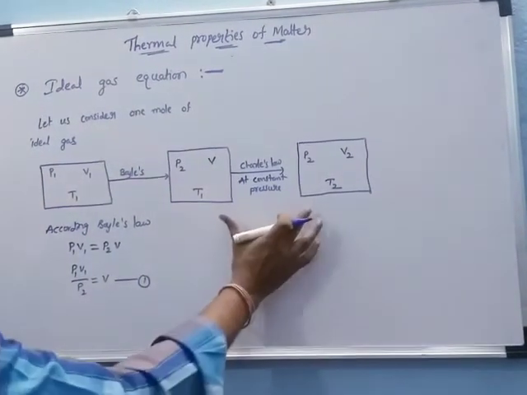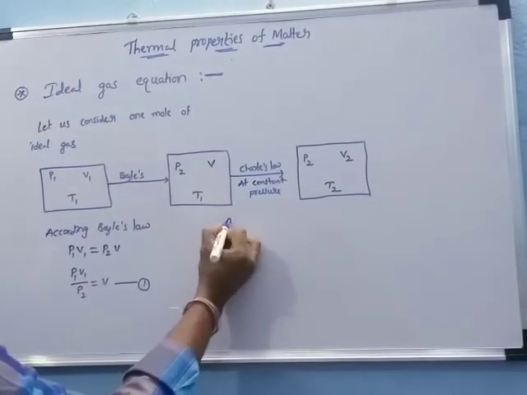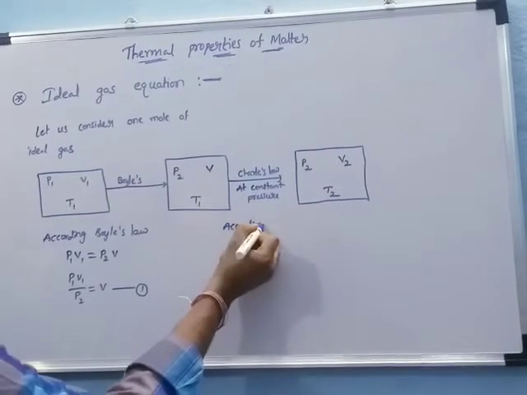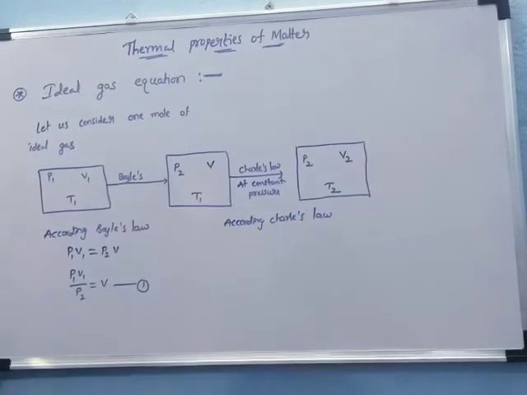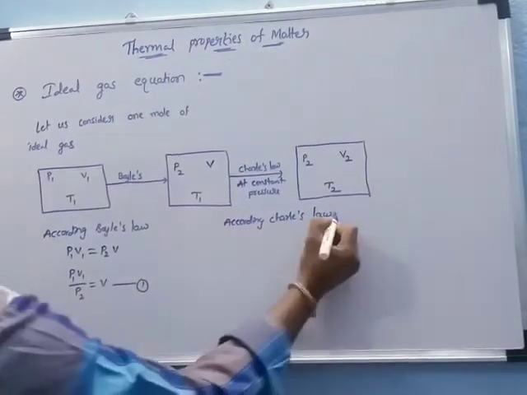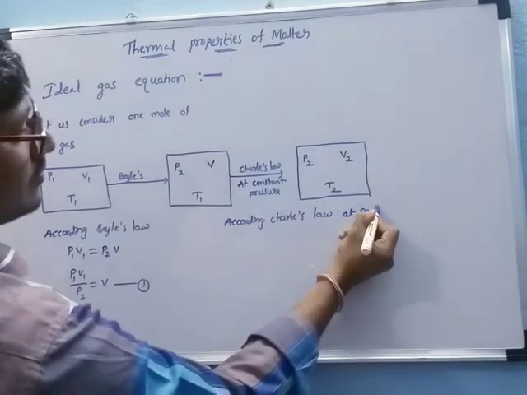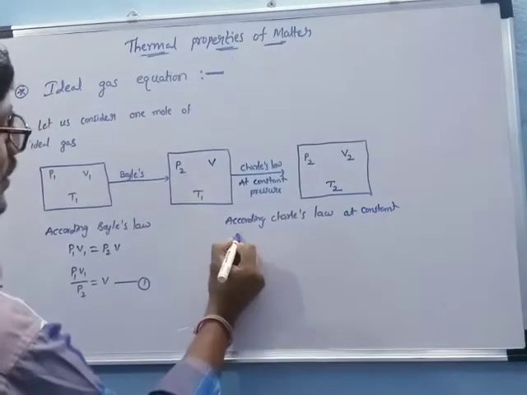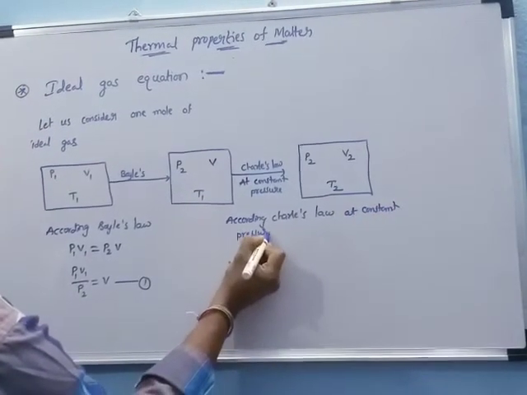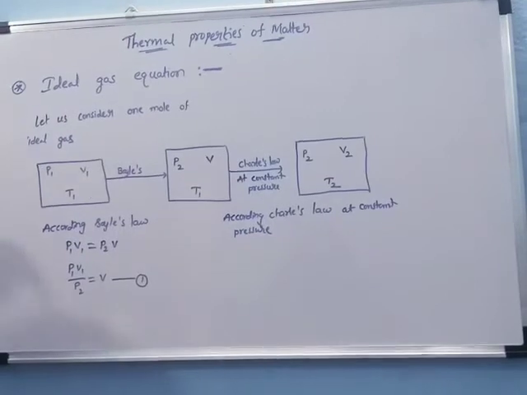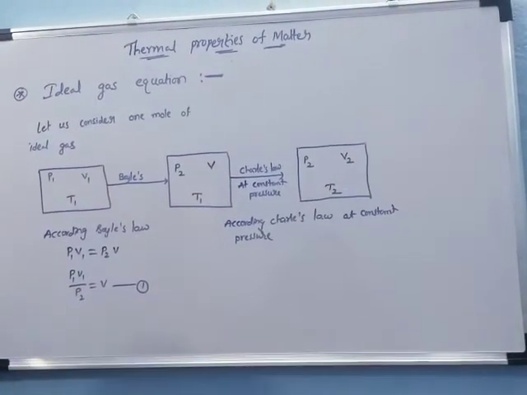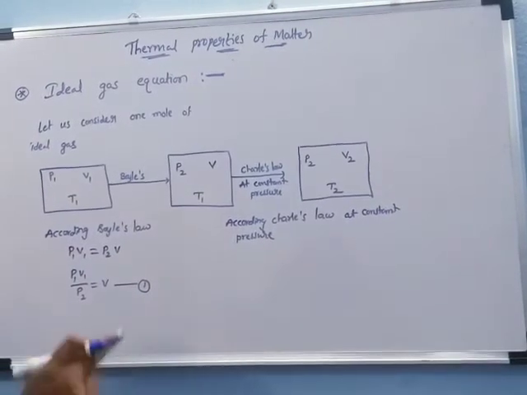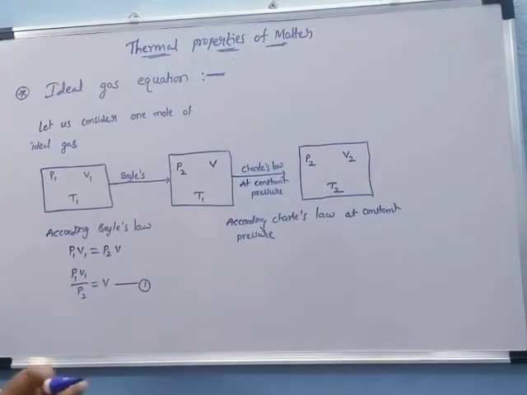Similarly, for the second process we apply Charles law at constant pressure. The volume is directly proportional to the temperature, so V1 by T1 is equal to V2 by T2.